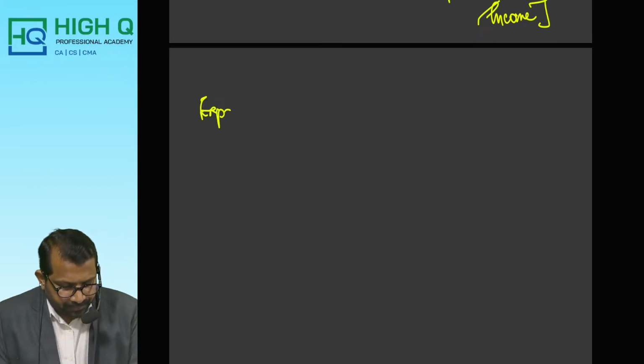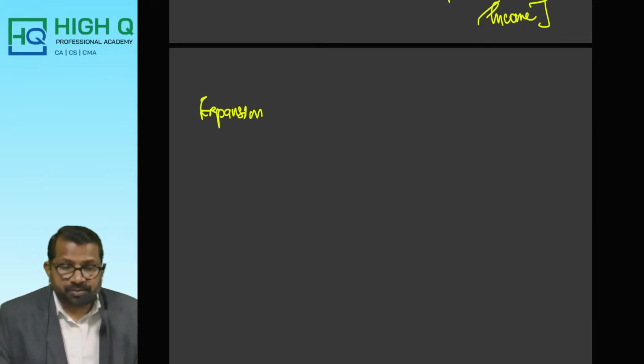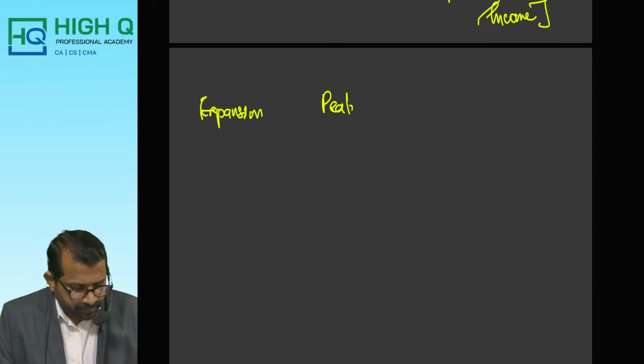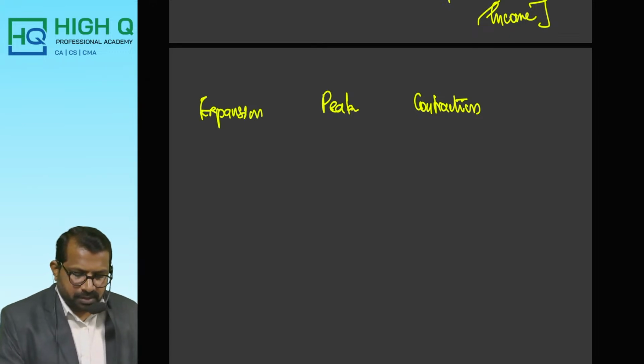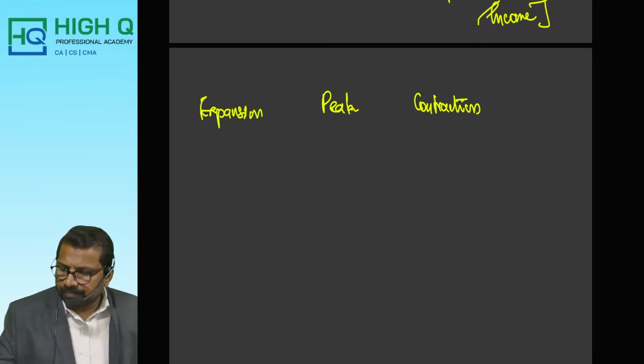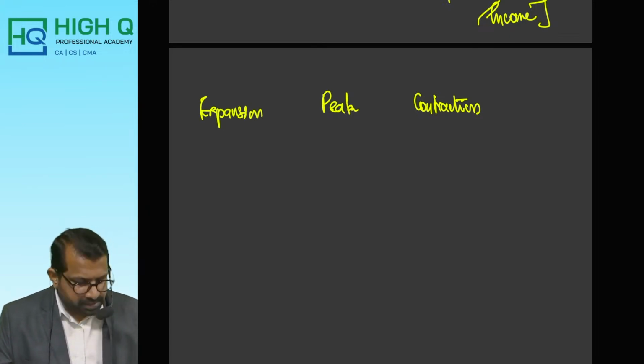One is expansion, another is peak, another is contraction, and the 4th one is trough.